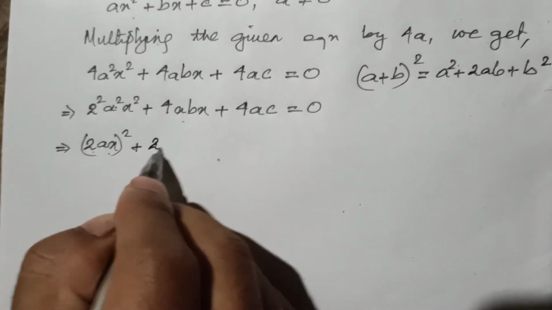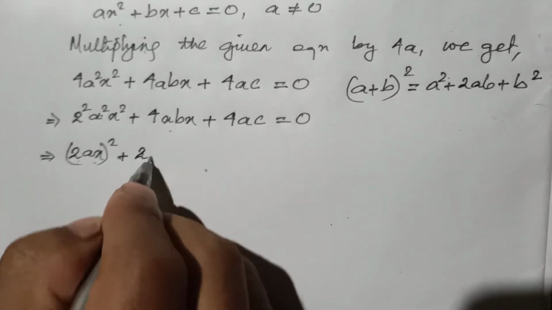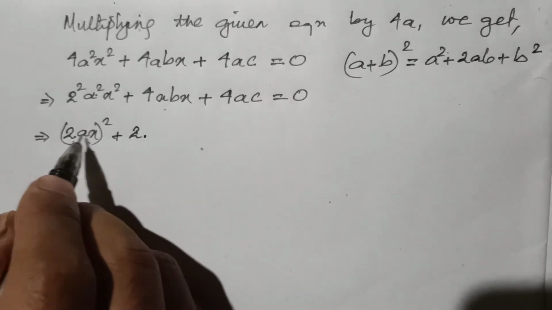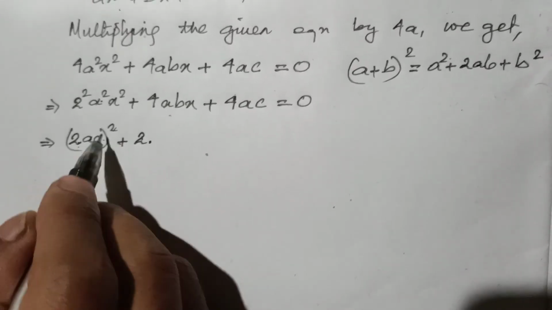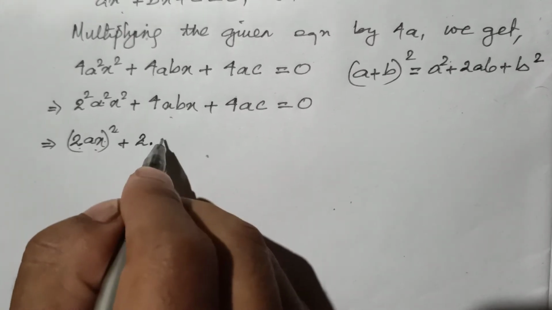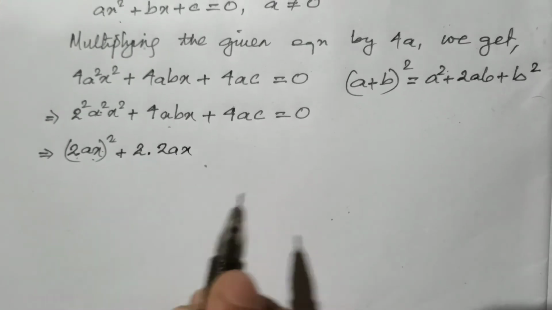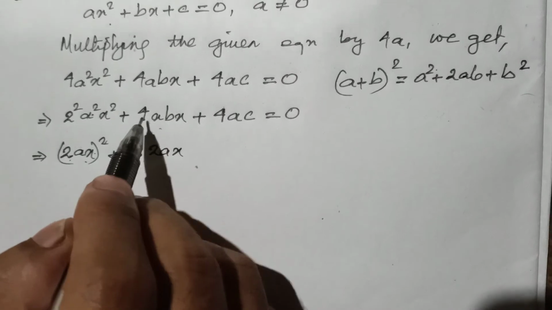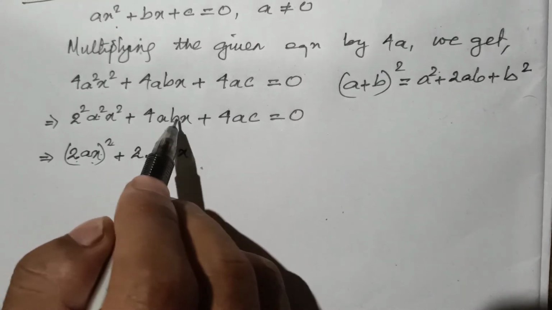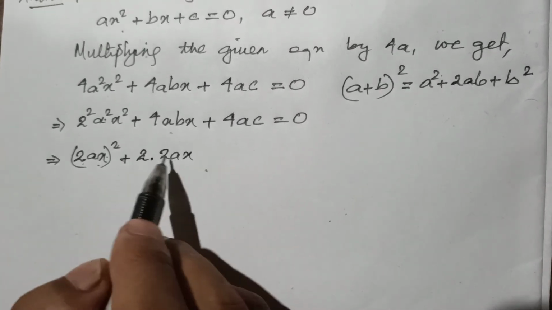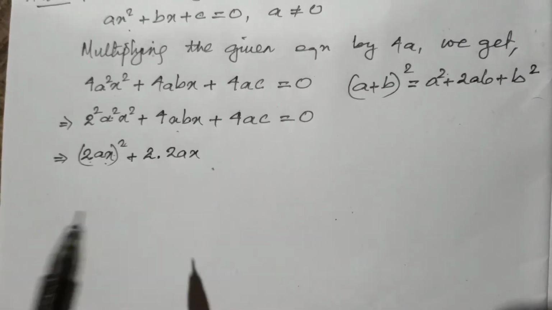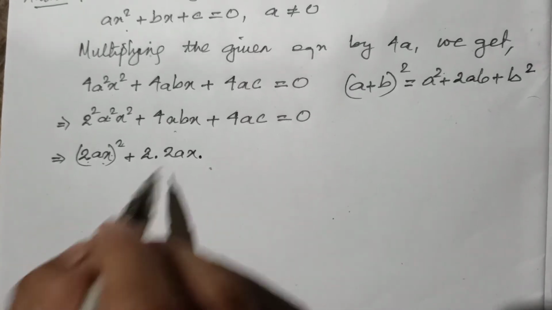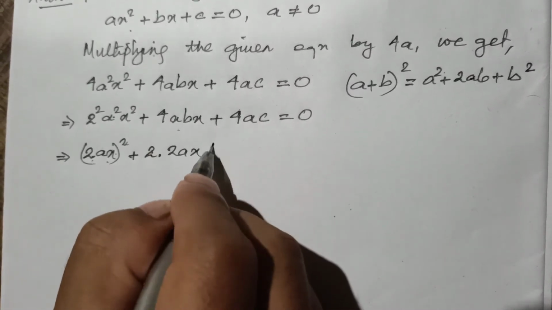The value of a here is the first term, 2ax, so that means it is twice a. And looking at the original equation, it is 4abx. In order to get exactly this number, you need one more value, which is b. b is missing here, so we're going to write b.